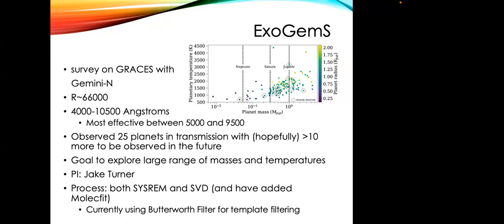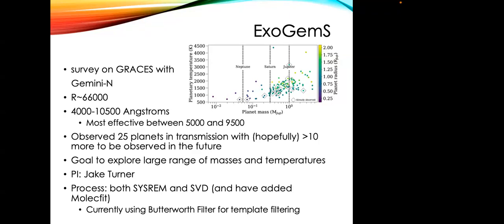We've observed 25 planets in transmission, with hopefully 10 more to be observed in the future if Gemini decides to be nice to us. Our time has been cut short because Gemini has been broken and then hacked, and it's been a lot of fun things. But the goal of the survey was to explore a large range of temperatures and masses, not just go for the ultra-hot Jupiters.